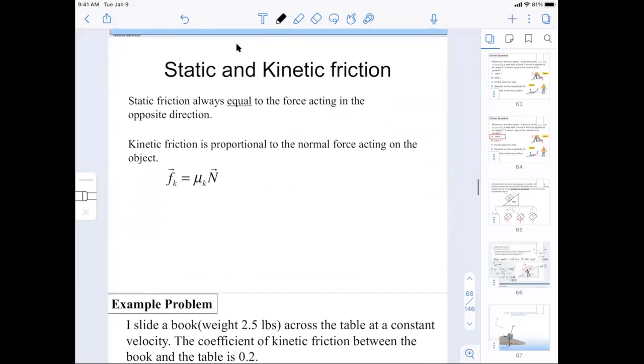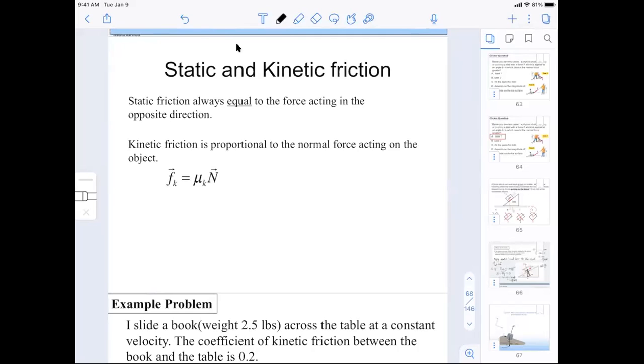Static friction can change because it implies the object is relatively at rest. Let's say you pull on the table with a little bit of force, say 5 pounds. The table is not moving, which means the static friction is balancing the force.